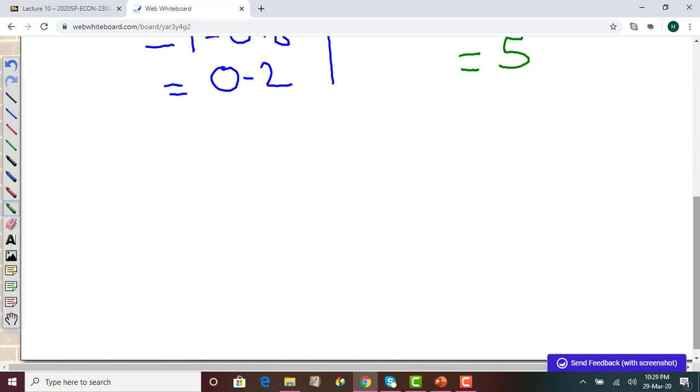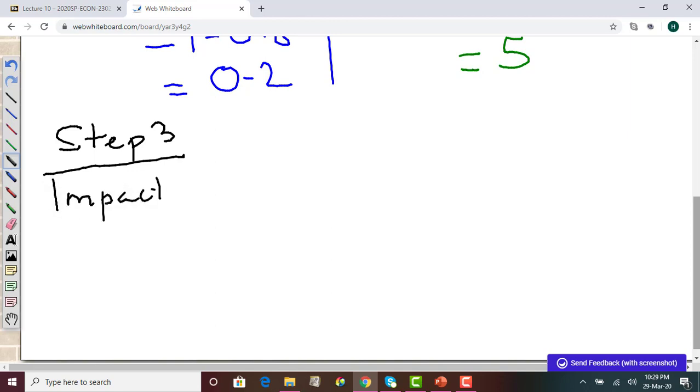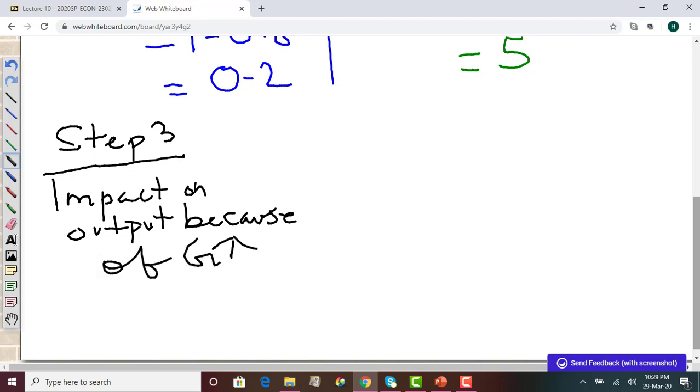So then we move on to step 3. Step 3, we first calculate the impact of government expenditure, or increase in government expenditure. So what is your impact on output because of government expenditure increase?